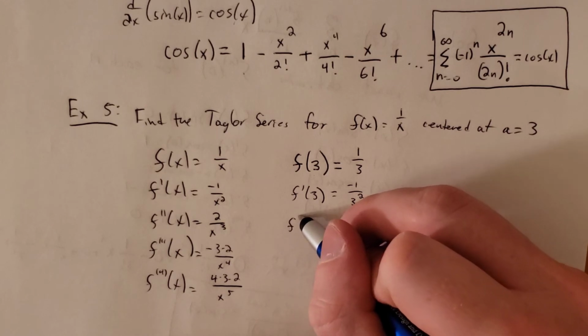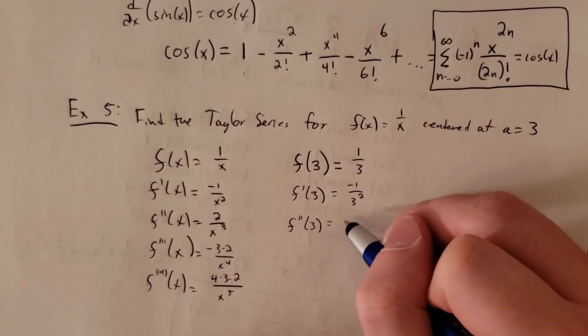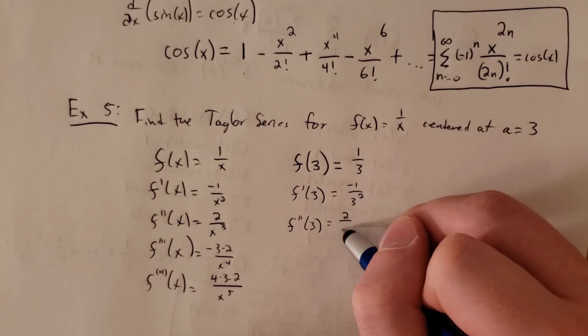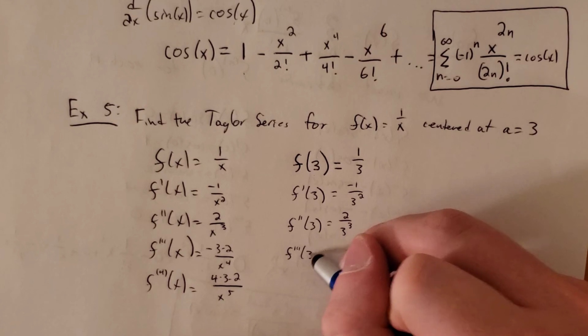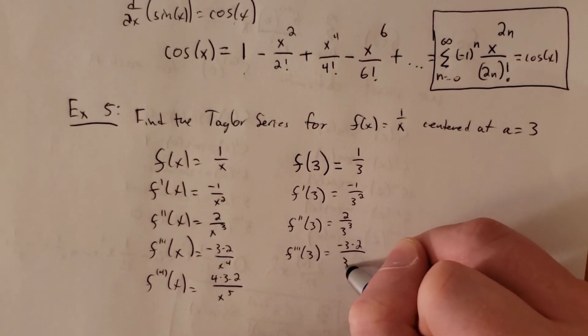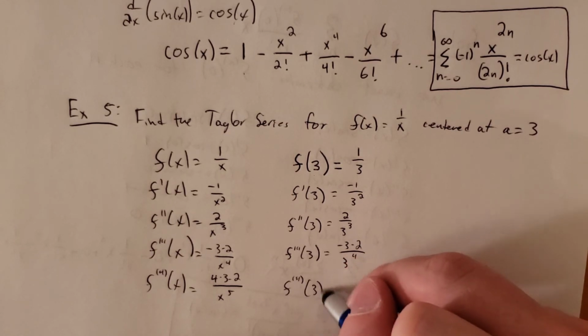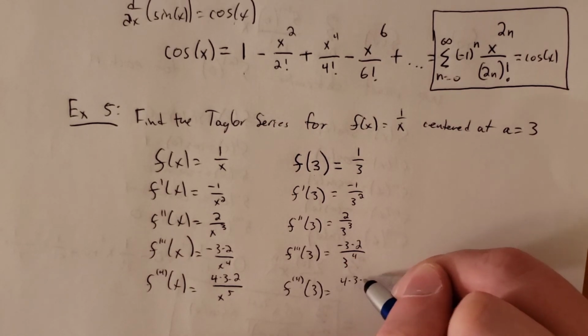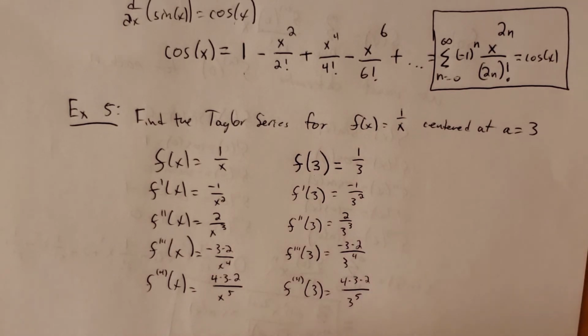Then f double prime of 3 is positive 2 over 3 cubed. f triple prime evaluated at 3 is negative 3 times 2 over 3 to the fourth. And the fourth derivative of f evaluated at 3 is positive 4 times 3 times 2 all over 3 to the fifth power.